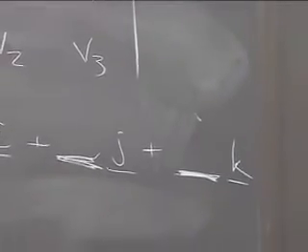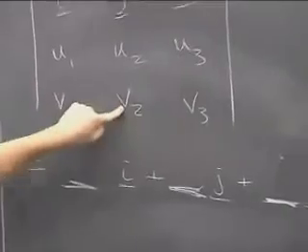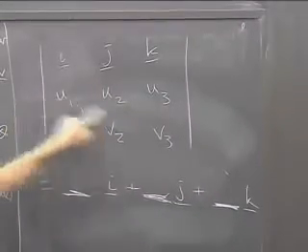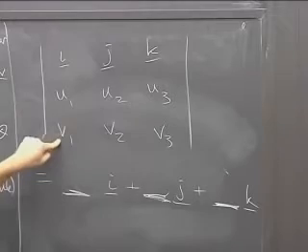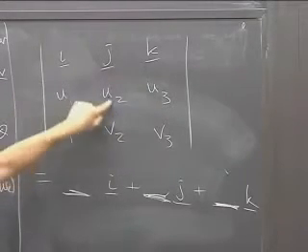And we looked at the way to do this. For the i thing, it's this times this minus this times this. For the j thing, it's actually this times this minus this times this, but you've got to put a minus in front. And for the k, it's this times this minus this times this.